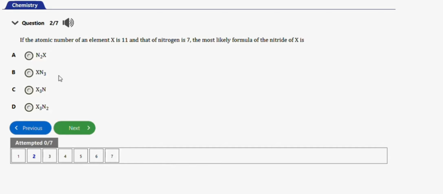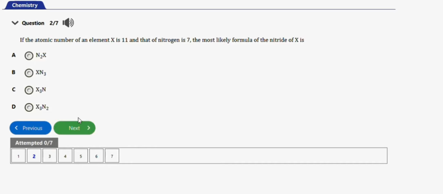So when that happens, I'm going to have sodium nitride. Option C is the right answer to this question. So sodium received the 3 electrons nitrogen is requiring, whereas nitrogen received the 1 electron sodium is giving out. So that's it for this question.